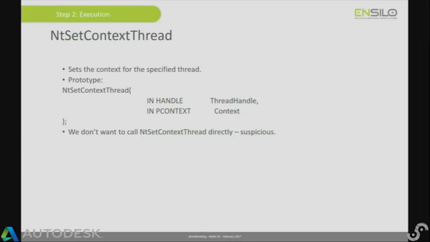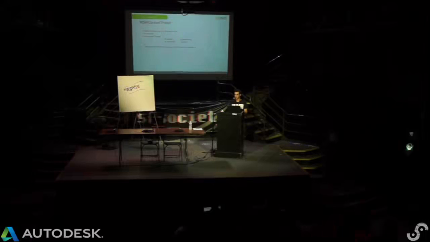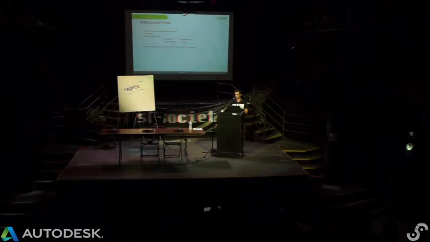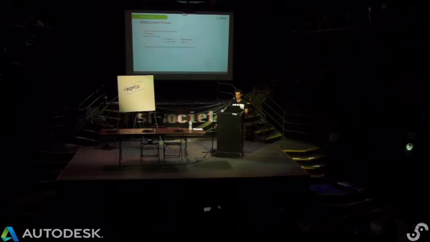However, we don't want to call NtSetContextThread directly, because this system call is quite suspicious. If we have a process under our control that's trying to change the context of a thread within the address space of another process, that's very suspicious, and many anti-malware solutions will flag that.